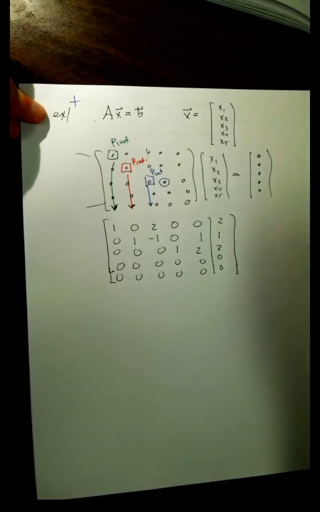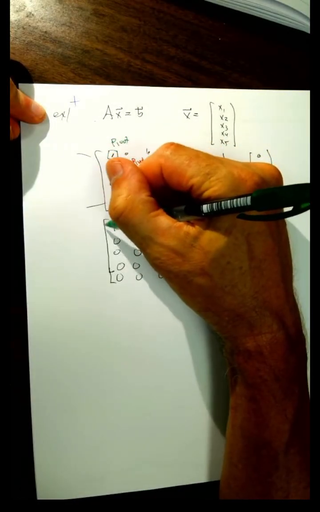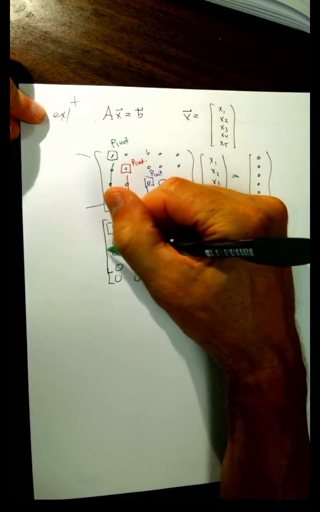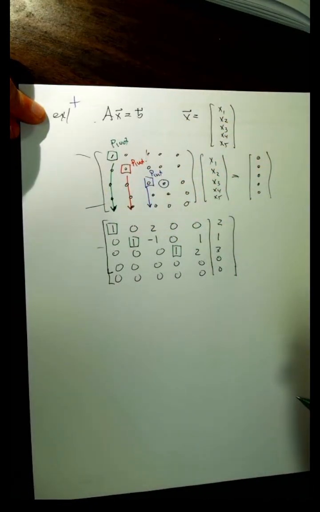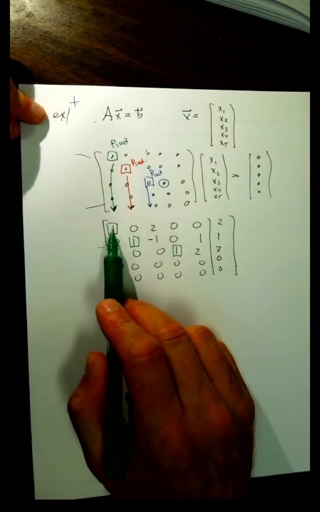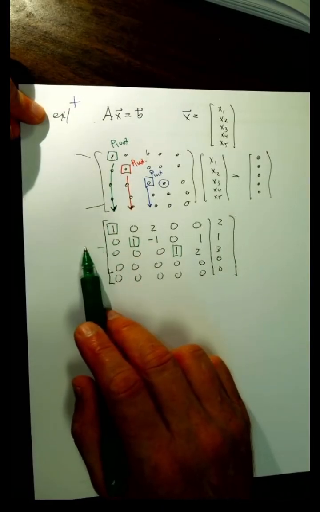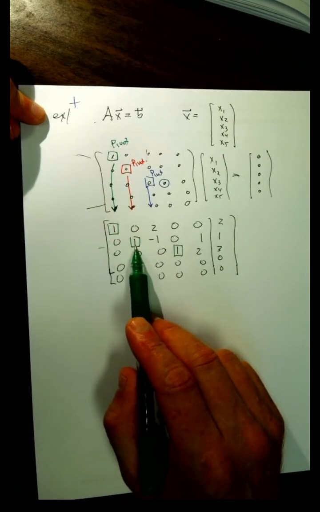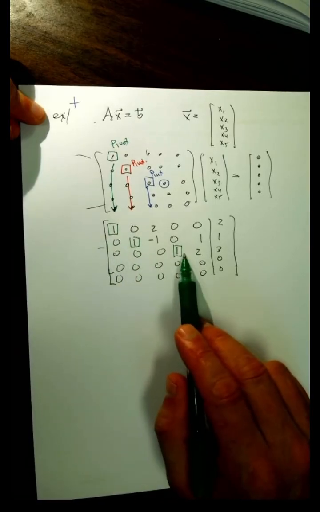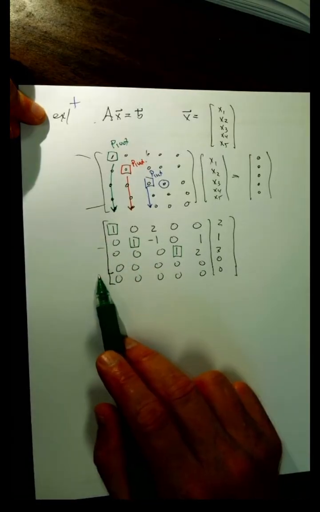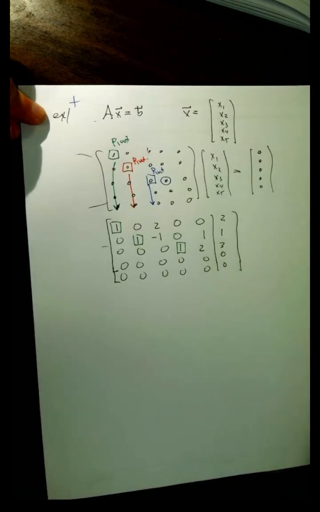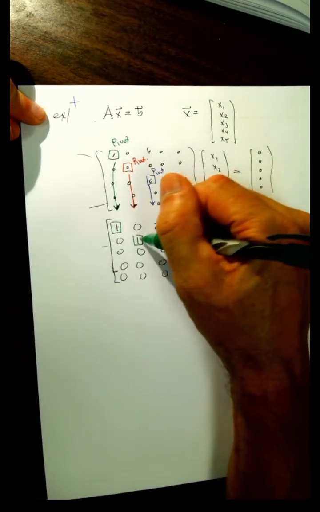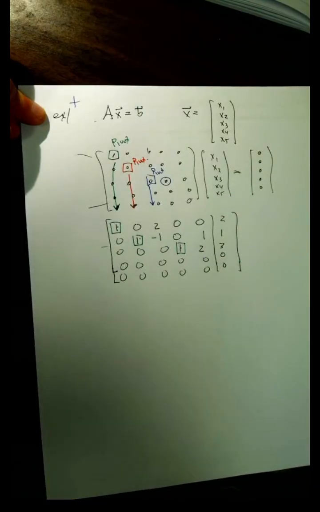What is important here is if I go to any row and I find the leading thing that's not 0. So row 1, this is the first entry that's not 0. Row 2, that's the first entry that's not 0. And row 3, that's the first entry that's not 0. And then everywhere else, the following rows are all zeros. Right, so these were my pivots when I did my operations.